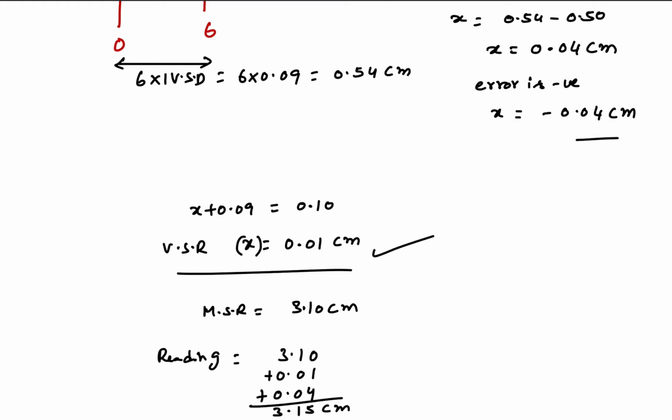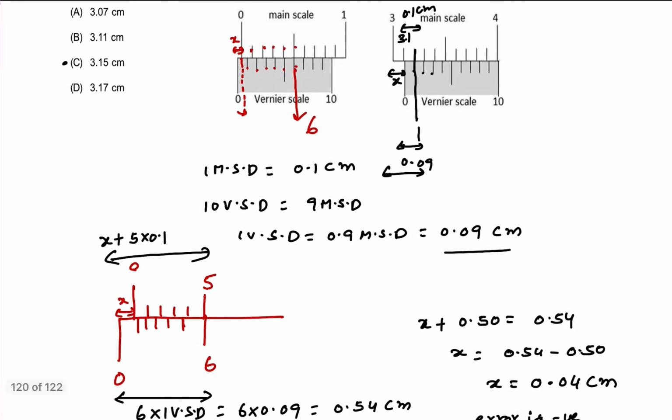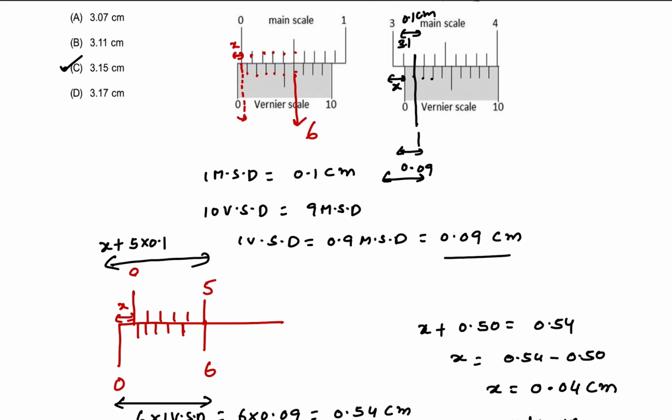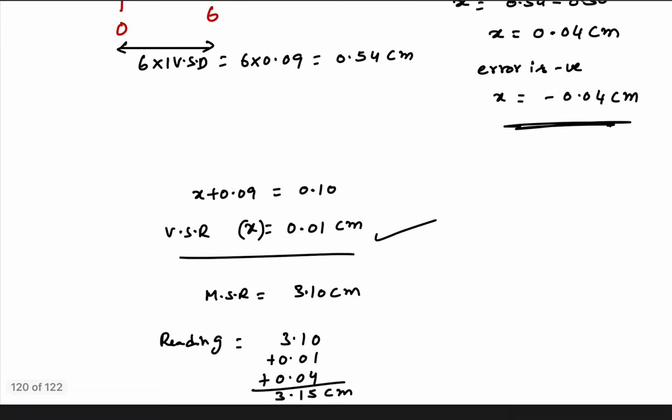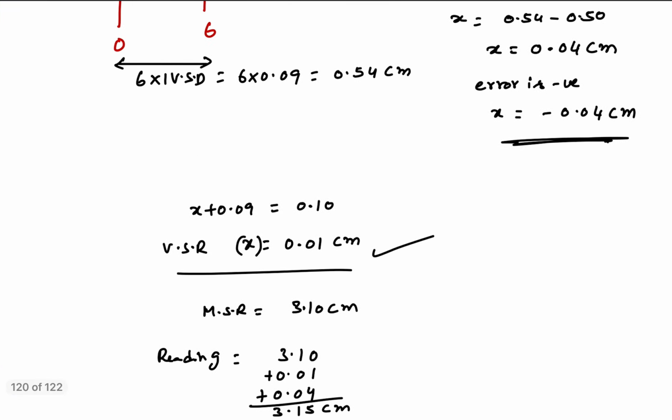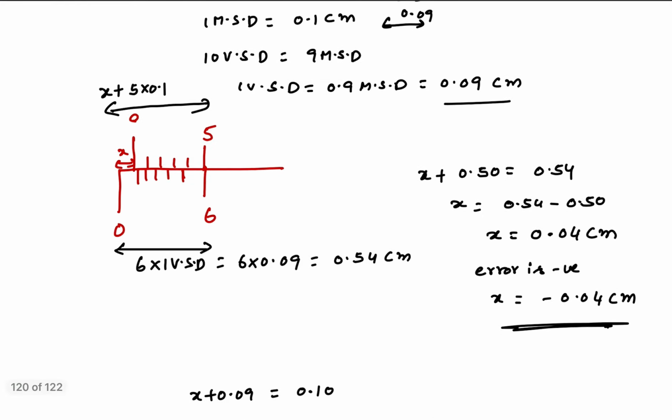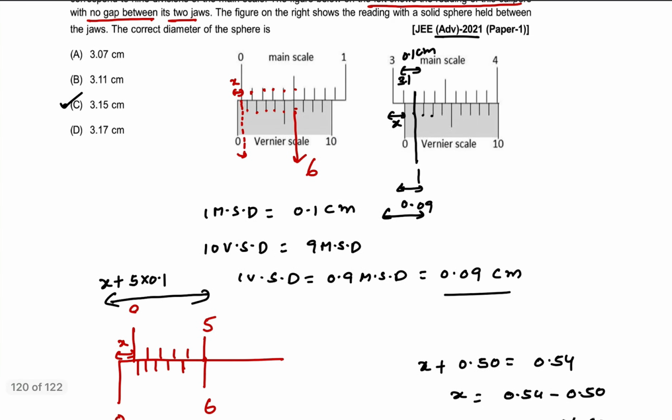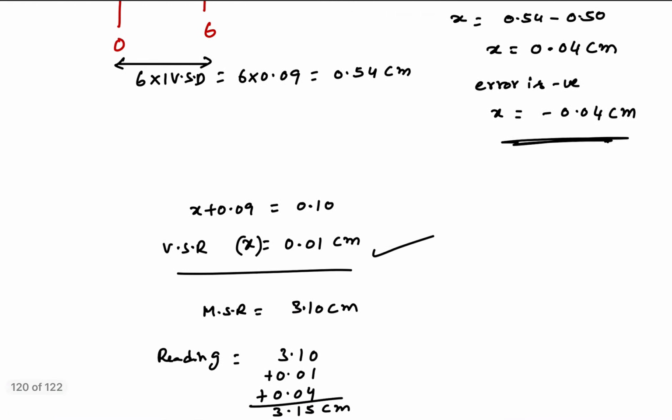Finally you can see 3.15 centimeters. Here error is negative, so I have added, that's why. So you can see 3.15 centimeter is the correct option. No least count, nothing I have applied here. You can observe this carefully. If diagrams are given like this clearly, no least count. One VSD is required, one MSD is required.